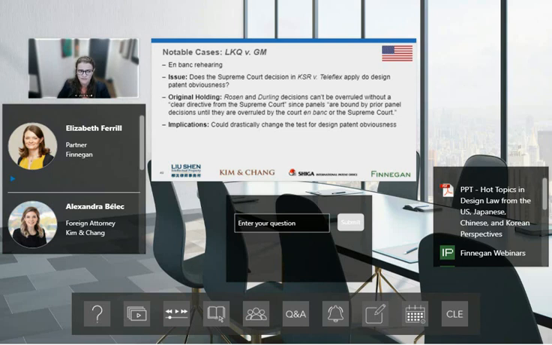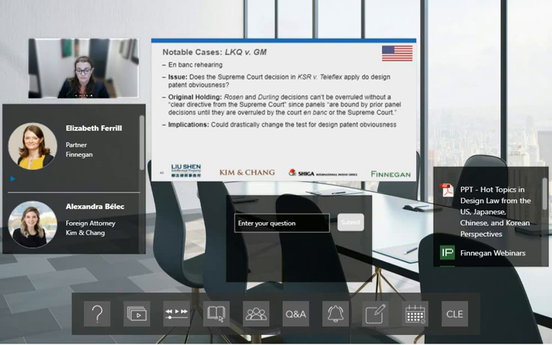But this obviousness test, we've had the same test since the early 80s, and the test is fairly well developed, and it requires that you have a primary reference and a secondary reference, and there are certain rules about how you determine whether something is a primary or a secondary reference. And so the test does have a number of steps to it, and the argument that LKQ is making is that test is too rigid under the guidance that was provided by the U.S. Supreme Court in the KSR case.